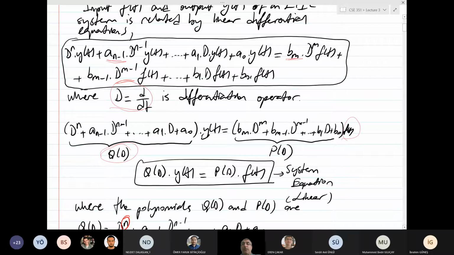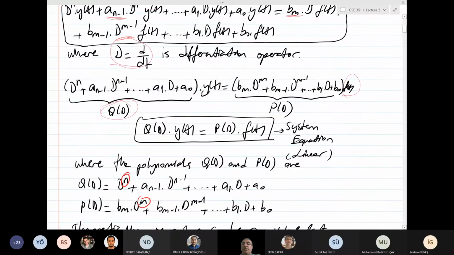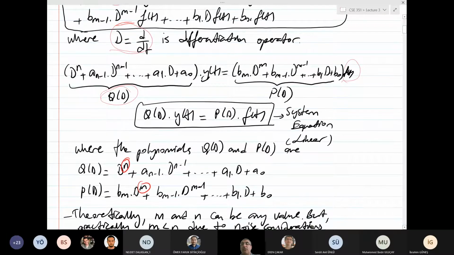Now we convert this differential equation into a compact form, which is given as follows. You have Q of D times y of t, which is our output, equal to P of D times f of t. So this is called the system equation. Of course, linear. As I mentioned last week, we are not considering any nonlinear system in this course.